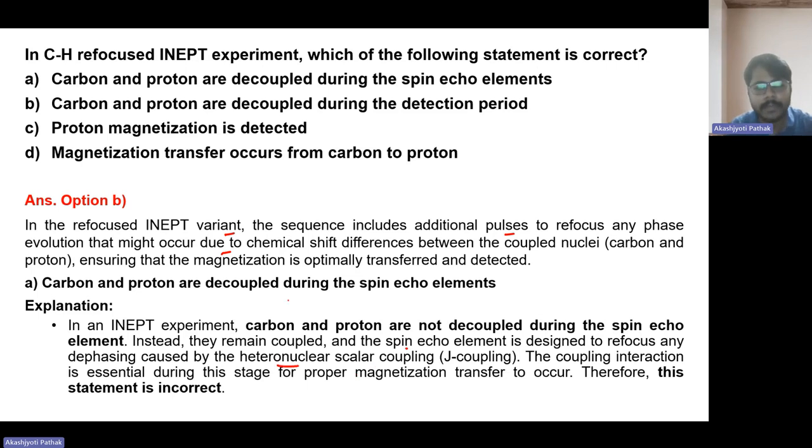Heteronuclear, because here we are considering proton and carbon, two different nuclei of two different elements, hydrogen and carbon. And the coupling interaction is essential during this stage for proper magnetization transfer to occur.